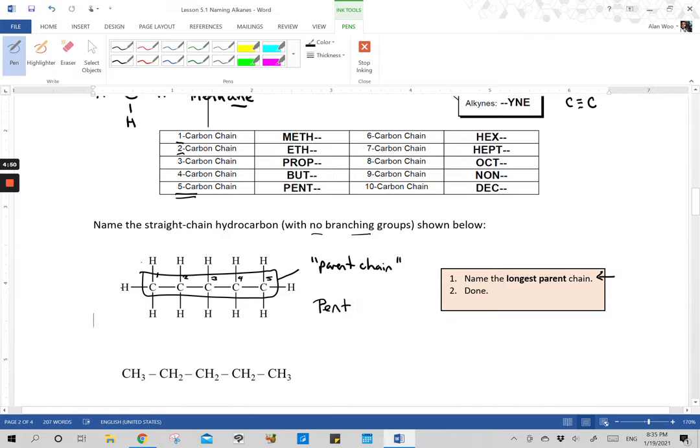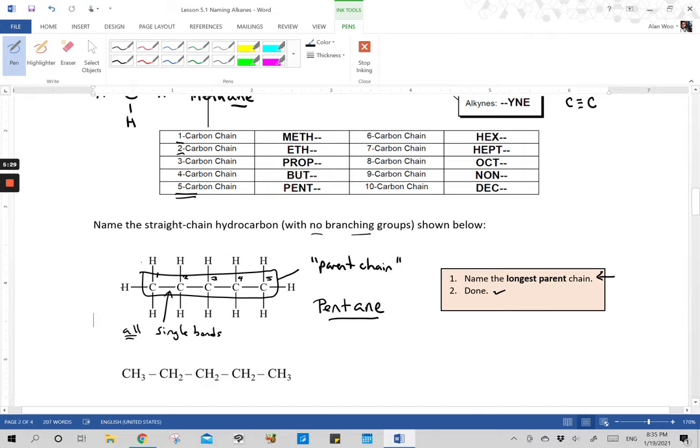So the name of the parent chain begins with pent, and because they're all single bonds all the way through, this will become pentane. So the suffix is ane, the prefix is pent. Put them together, and that's the name of your parent chain. For all straight chain hydrocarbons, this is the easiest type to name, because once you've named the parent chain, you are done.